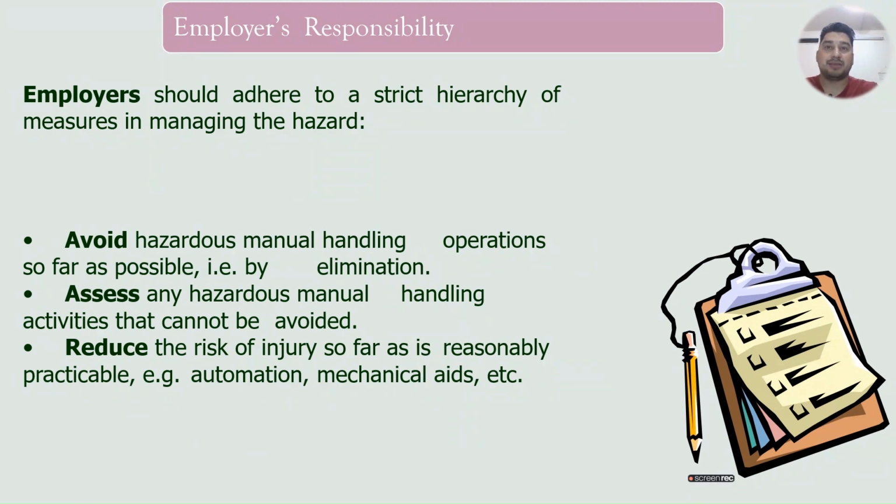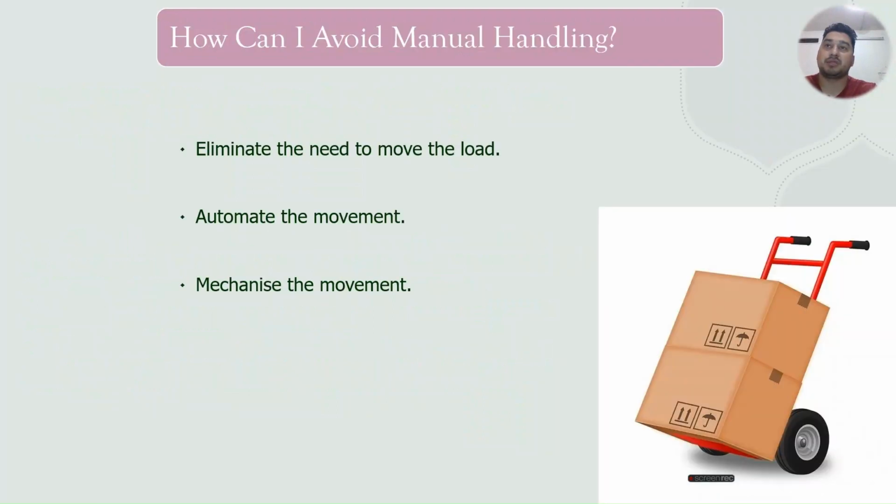Second, assess any hazardous manual handling activities that cannot be avoided. Third, reduce the risk of injury so far as is reasonably practicable, for example by automation, mechanical aids, etc. You have to make sure that your employees are safe and aware of the manual handling hazards and risks.